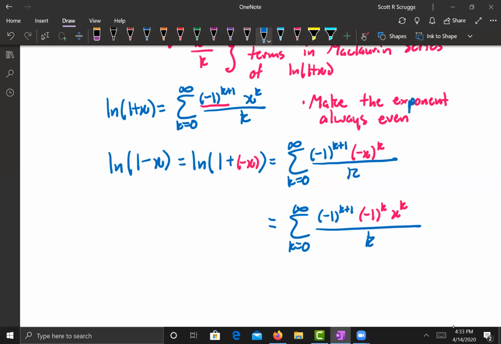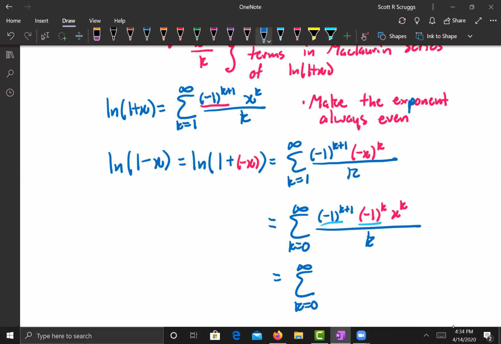Well, that seems promising because I have two -1s raised by different exponents, so I can combine them together and add the exponents, which gives me the sum from k goes from 1 to infinity.